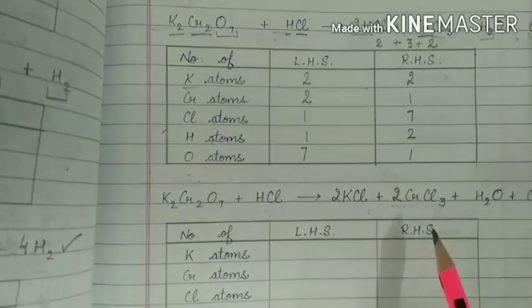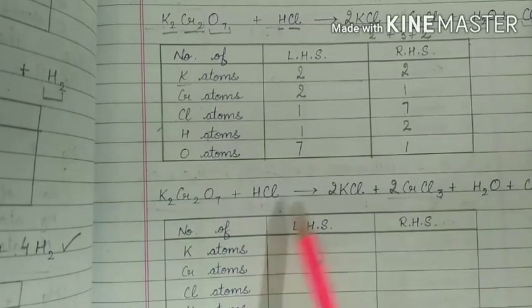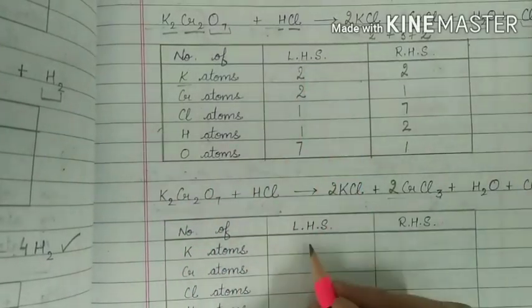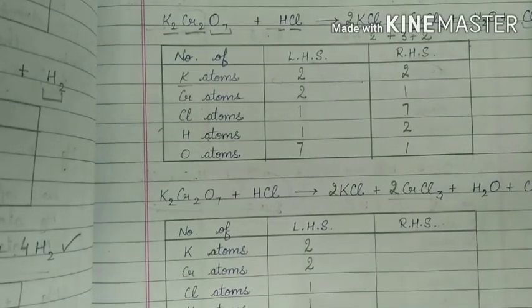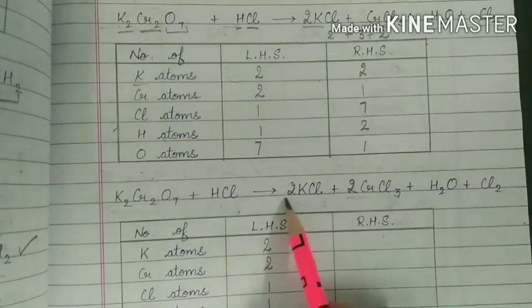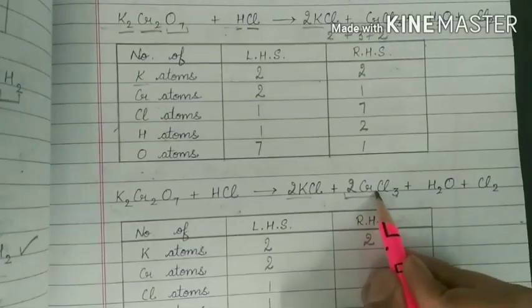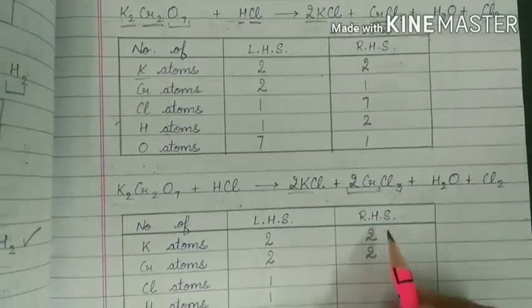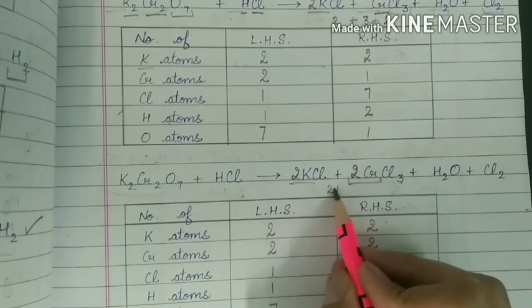So counting the atoms again on both the sides. On left hand side we haven't made any change, so the number of atoms will remain same as earlier only. 2, 2, 1, 1 and 7. And on right hand side we have 2 potassium atoms. Chromium, now we have 2 atoms of chromium. Then of chlorine, in KCl 2 chlorine atoms are there.